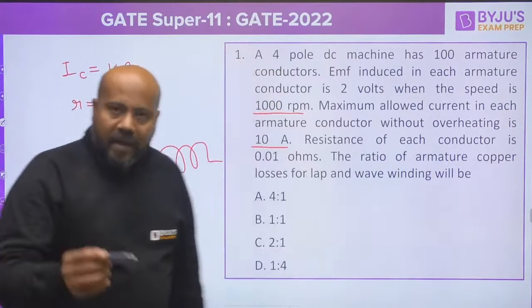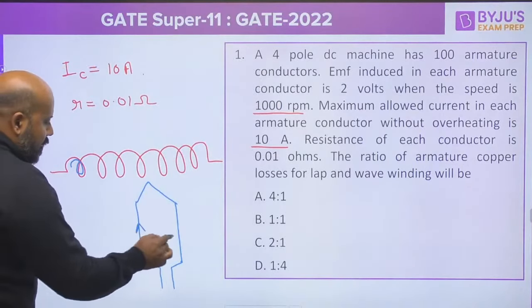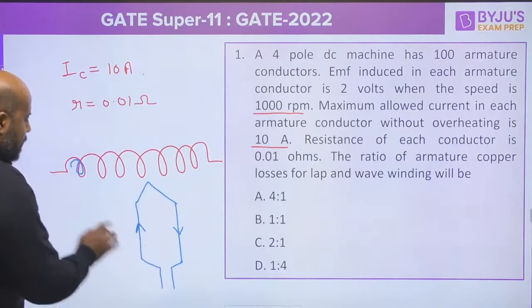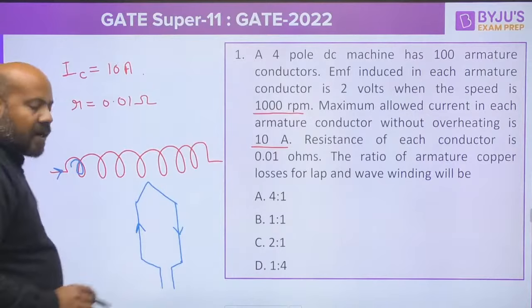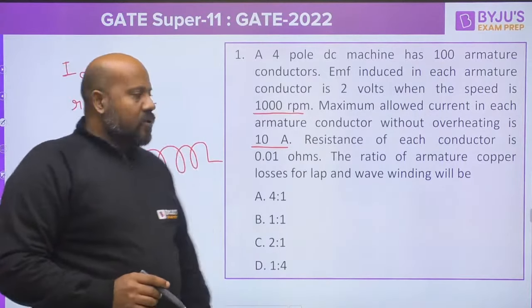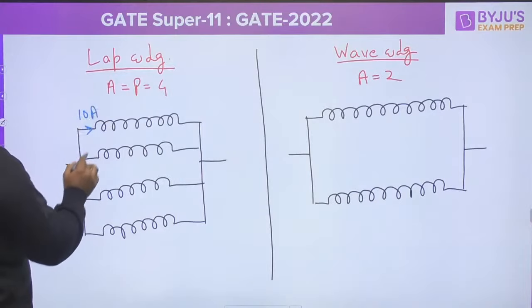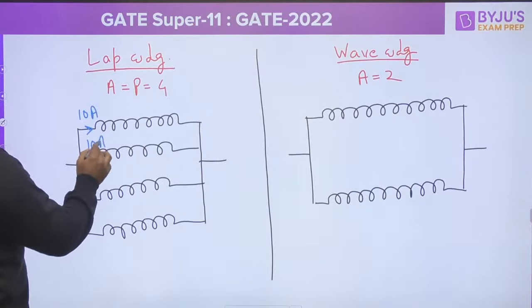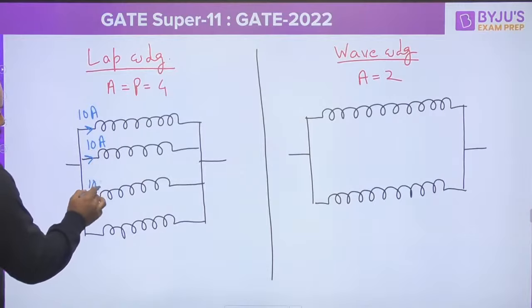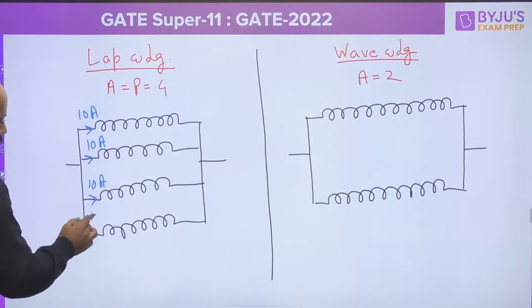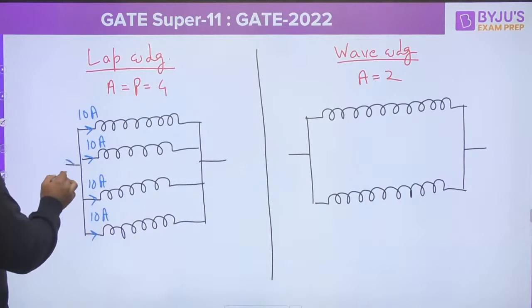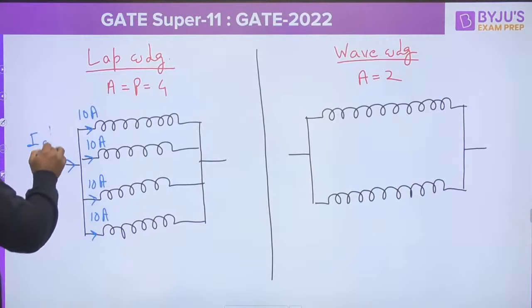So whatever current is flowing in this turn, that is the same current which is flowing in this parallel path. So for the lap winding, you can say in all these parallel paths, the current is going to be 10 amperes each, so that you can find what is the armature current in case of lap winding.